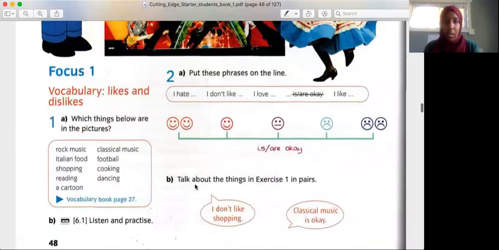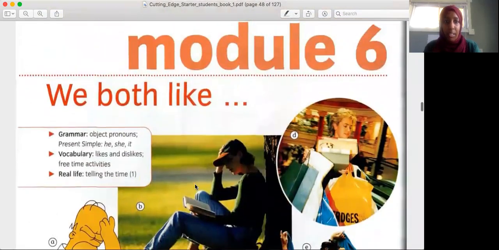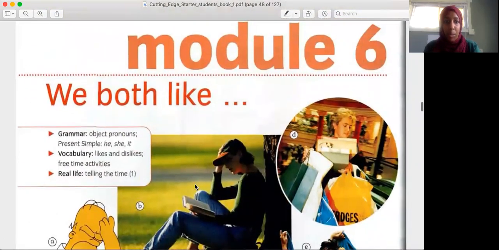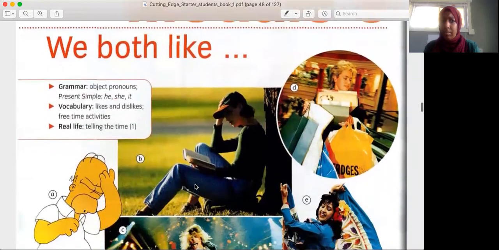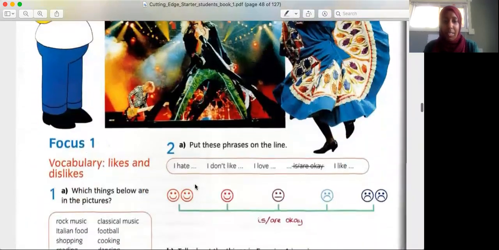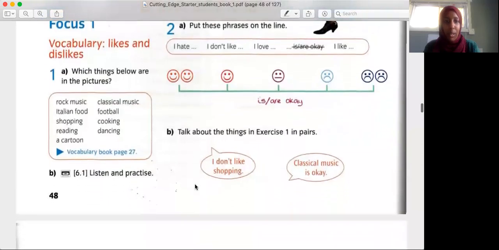All right, so the grammar for Unit 6 is object pronouns, and present simple he, she, it. I don't know how they combine these, but okay.